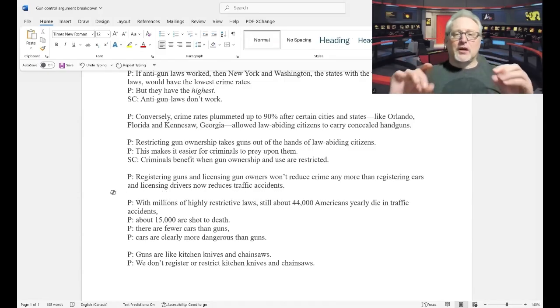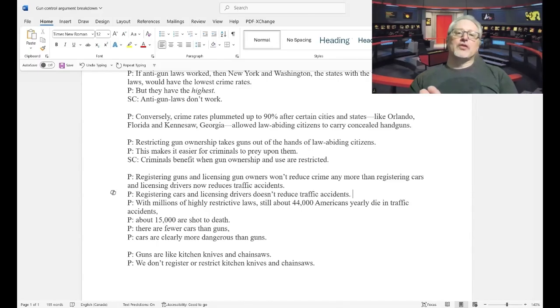That is a wild and wacky thing to say, but it is absolutely implied by the logic of his argument. So we need to include it in our reconstruction. Registering cars and licensing drivers doesn't reduce traffic accidents.